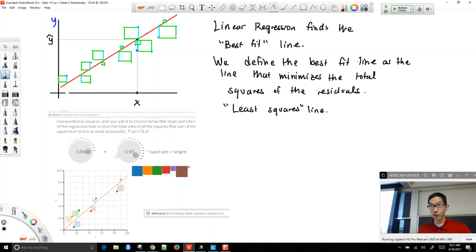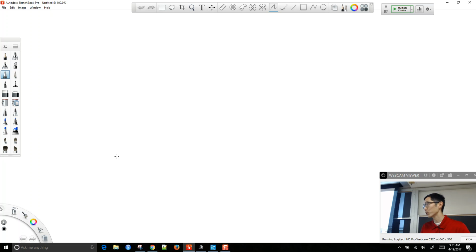The square function, the quadratic, is differentiable at all points, but absolute value has a non-differentiable point at 0, and so that's why we've gone this route. So we can thank calculus and smart people who figured out the slope and the intercept of the best fit line.